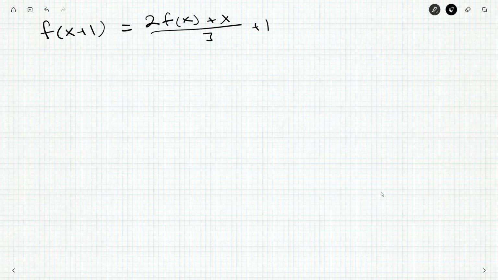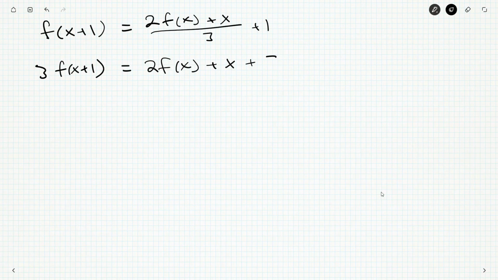Well, let's multiply by 3. Plus x, and then this becomes plus 3. Am I seeing anything to do there? Not really.